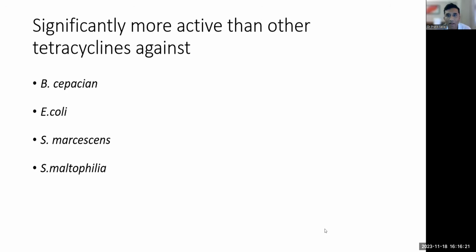What is the advantage of minocycline compared to other tetracyclines? Pathogens like Burkholderia cepacia, E. coli, Serratia, and Stenotrophomonas maltophilia are better targeted with minocycline, and we have seen in our clinical practice that the data is also showing good susceptibility.